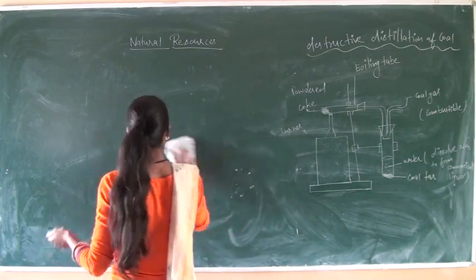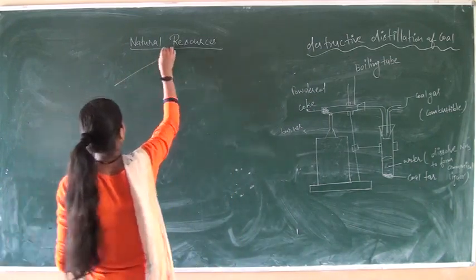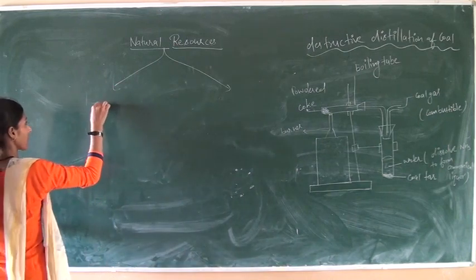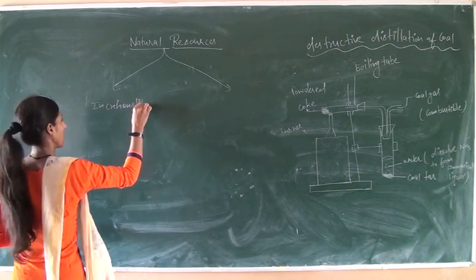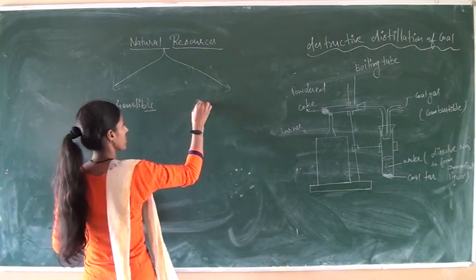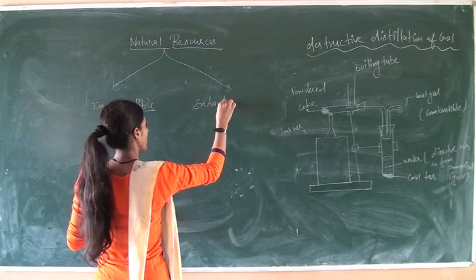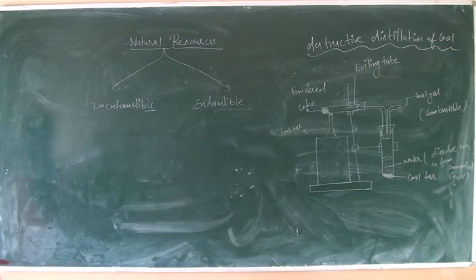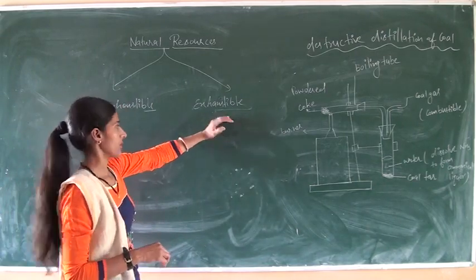Natural resources classification: first one is inexhaustible natural resources and second is exhaustible natural resources.